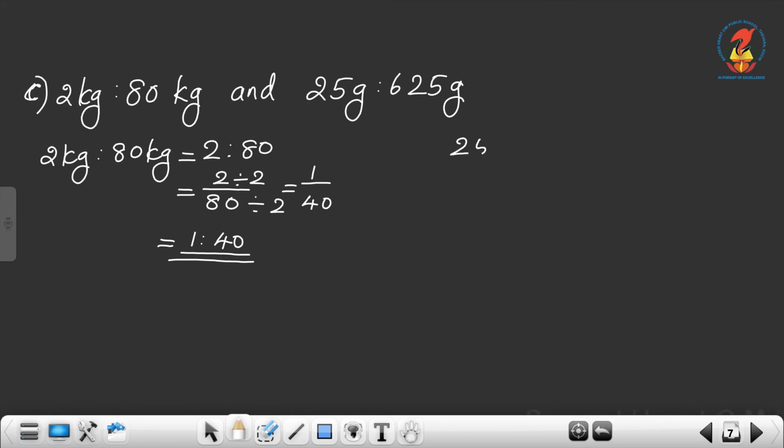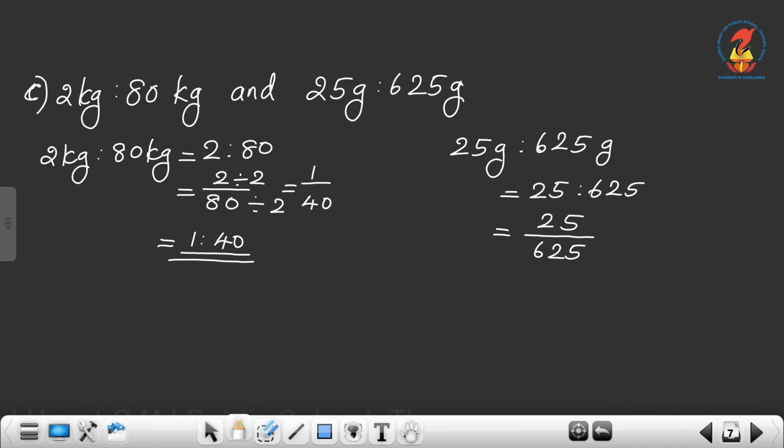Now, 25 gram is to 625 gram, which is equal to 25 is to 625. We can write it in the form of a fraction, 25 by 625. Then divide both numerator and denominator by 25. The highest common factor is 25.